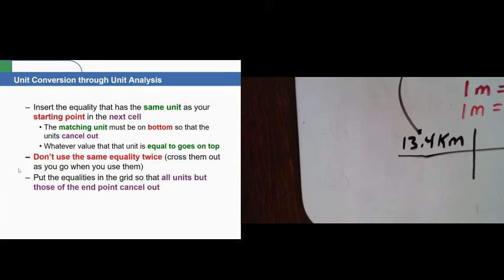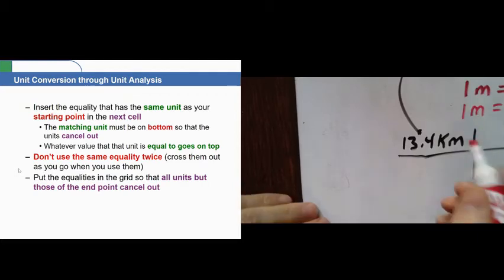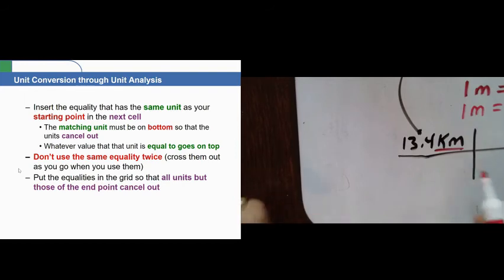Now, you're going to insert the equality down here that has the same unit as your starting point. The matching unit must be on the bottom so that the unit cancels out. Very, very important. So if we have kilometers here, we want to have the same unit down here.